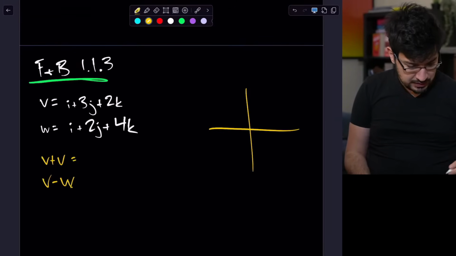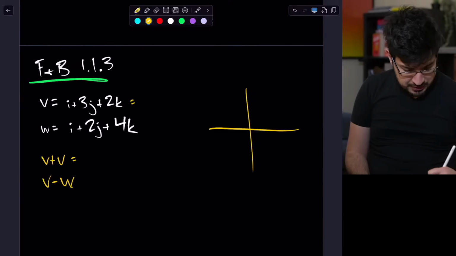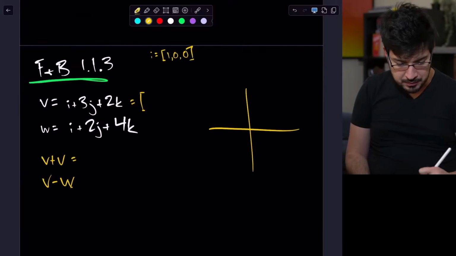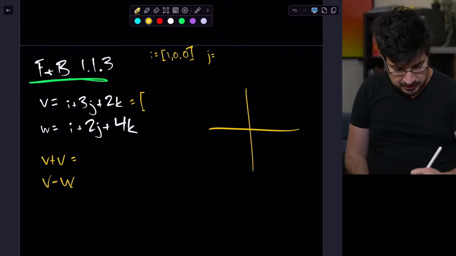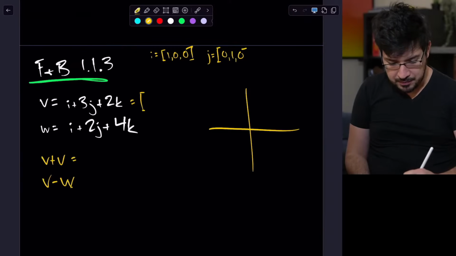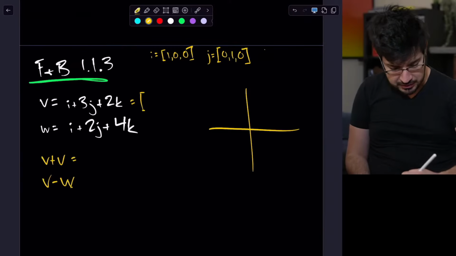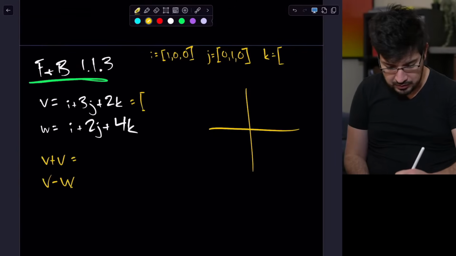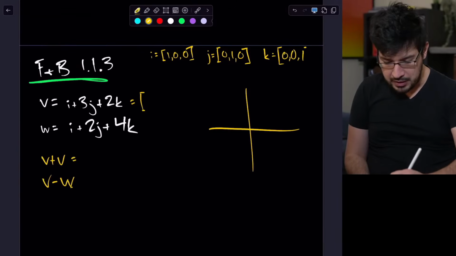So this is just another notation for i is 1, 0, 0. j is the vector 0, 1, 0. These are the orthogonal vectors. And k is 0, 0, 1.